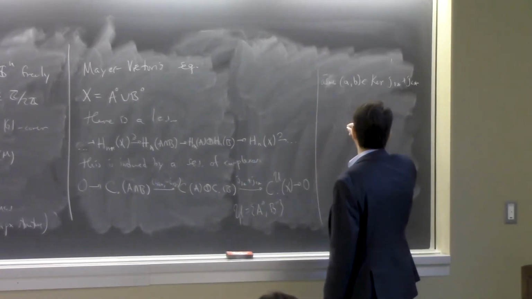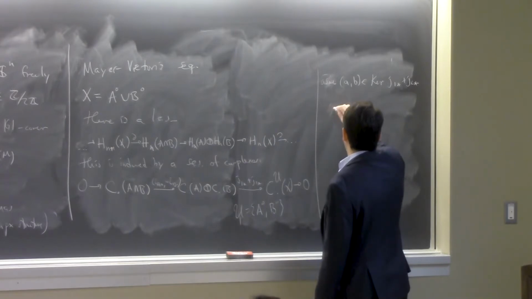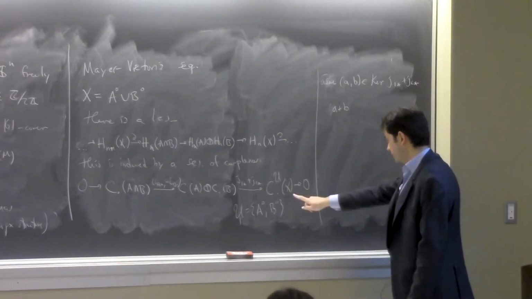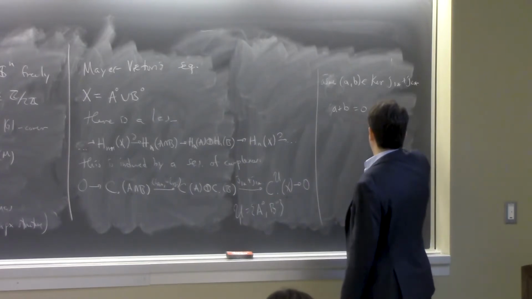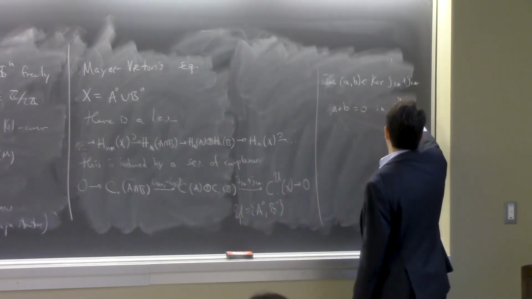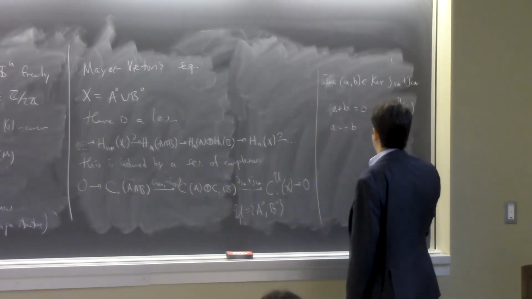So this tells us that a plus b is 0 in X, but that tells us that a is equal to minus b.